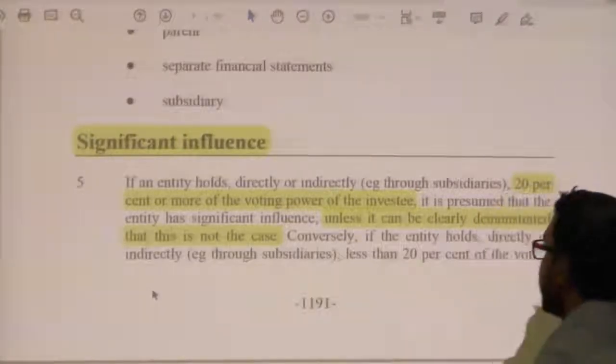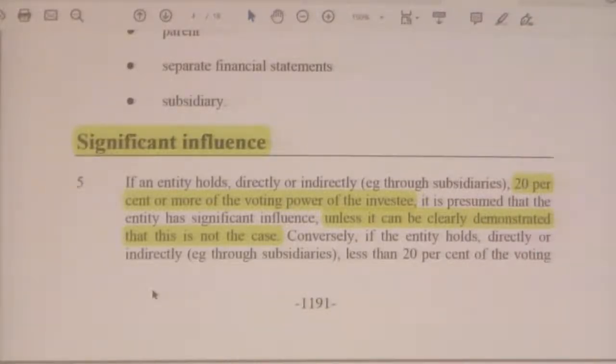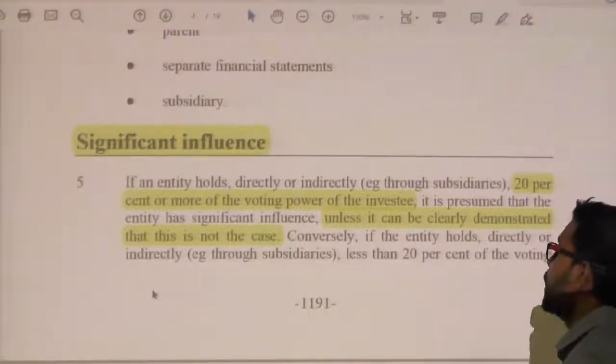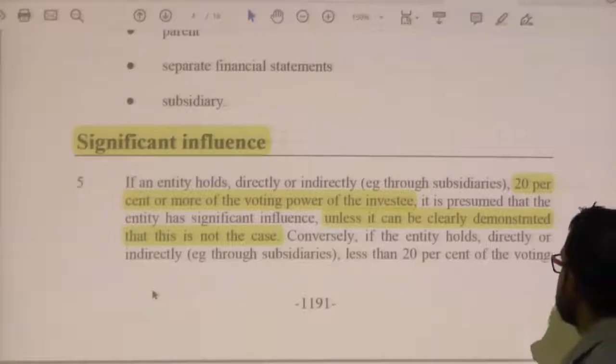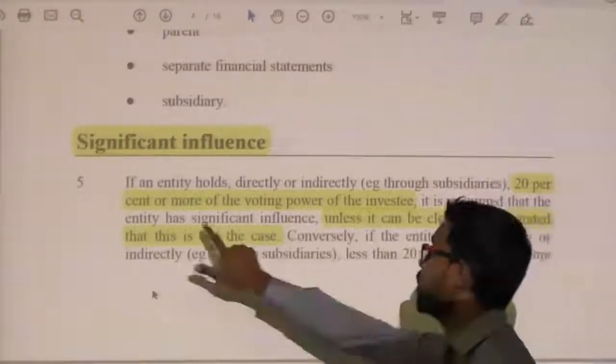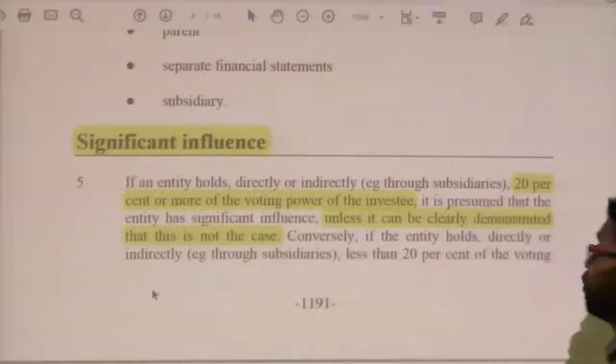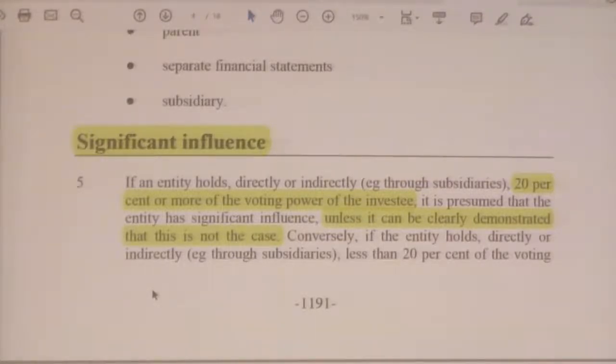If an entity holds direct or indirect 20% or more voting power of the investee, underline the word 20% or more of the voting power of the investee, it is presumed that entity has significant influence, unless it can be clearly demonstrated that is not the case, right.